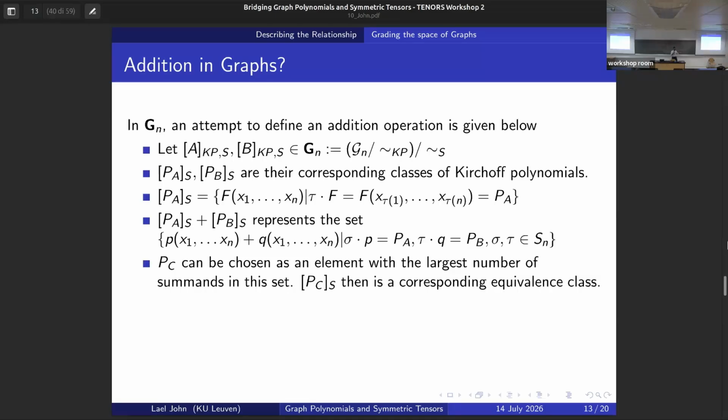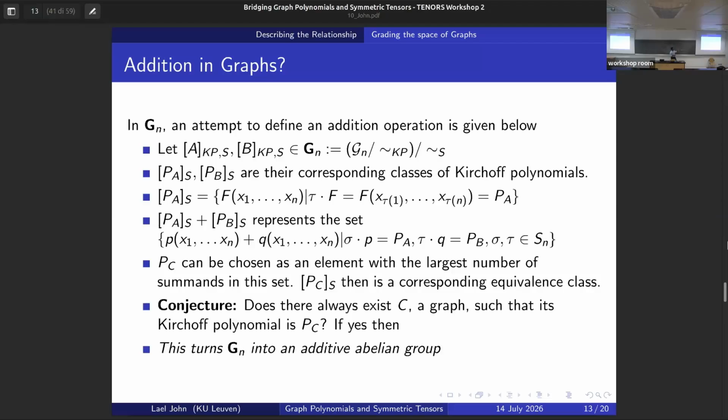Because I'm working over F2, I can find an element with the largest number of summands. These are finite sets, so I can find a largest, or multiple largest, summand elements. The question then becomes: can this polynomial that I have found be mapped back to a graph?